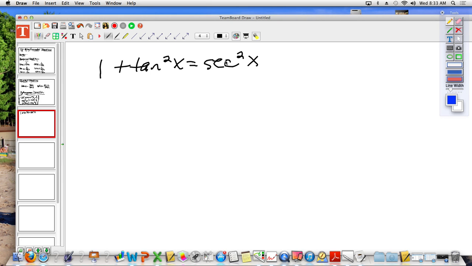If I wanted to solve for the tangent squared of x, what would I get? What would I have to get rid of? The 1. Yes, I'd have to get rid of this 1, which, by the way, is a positive 1 being added on to the tangent squared. So I can subtract 1 from the left, then I would have to subtract 1 from the right. So I'd have the tangent squared of x is equal to the secant squared of x minus 1.